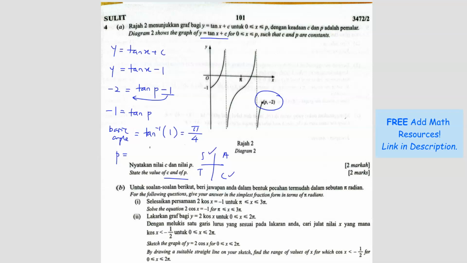If it's the second quadrant, you take pi minus the angle, and if it's the fourth quadrant, you take 2 pi minus the angle. So we are looking for the one in the fourth quadrant, correct? This one is the fourth quadrant. So we're going to use 2 pi minus angle, so 2 pi minus pi over 4.